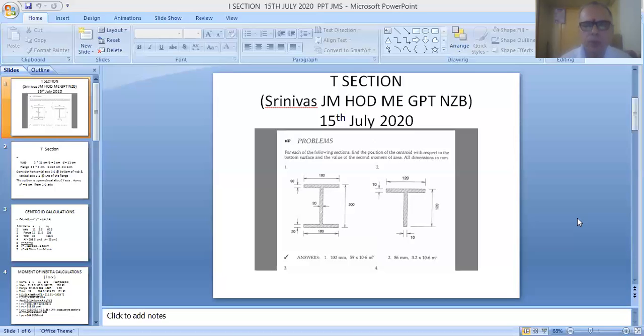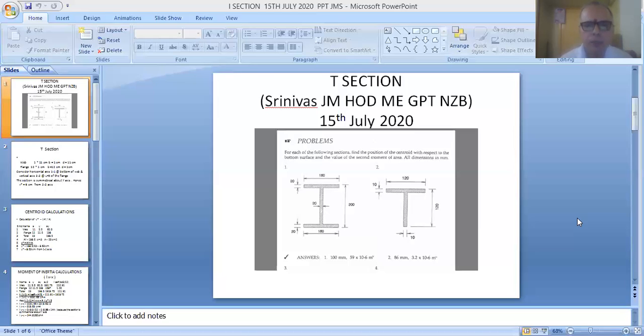Therefore, preferably they are divided into different components, and these components are mostly in the form of rectangles.